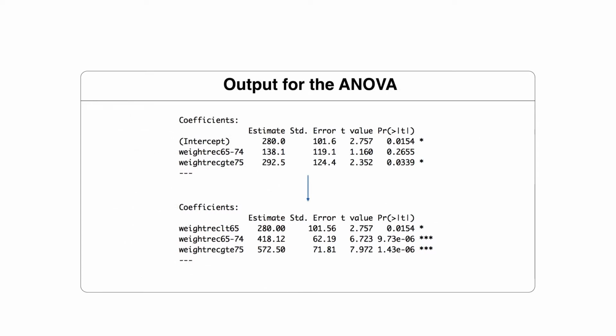Study the way the coefficients have come out here. You can see that when we kept the intercept in the model, the intercept put an estimate of 200, put a standard error in it, and then gave you the p-value for this.